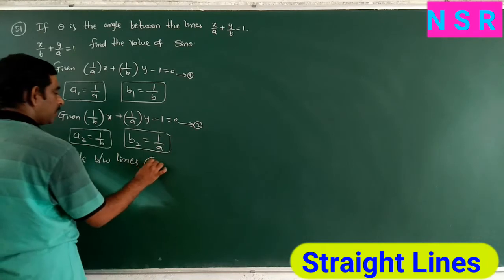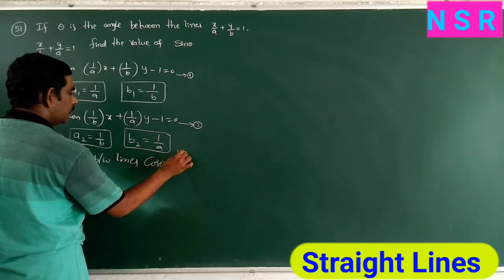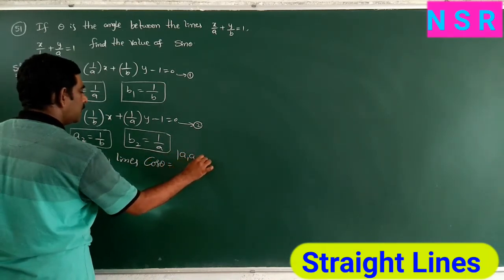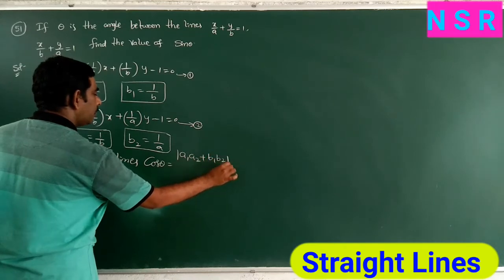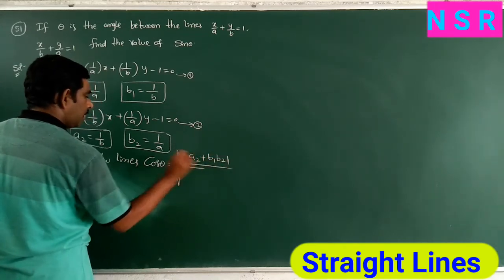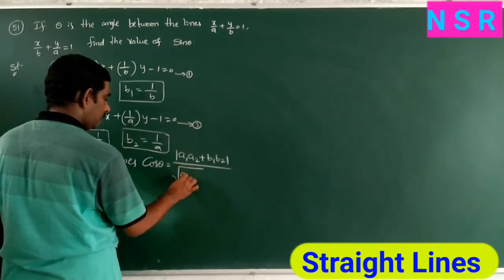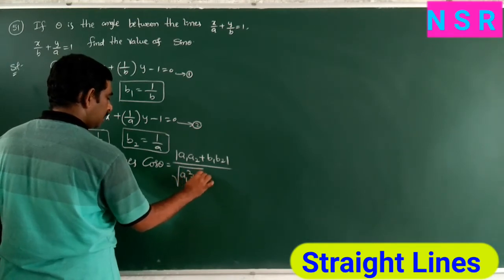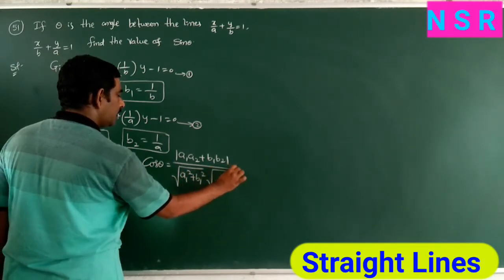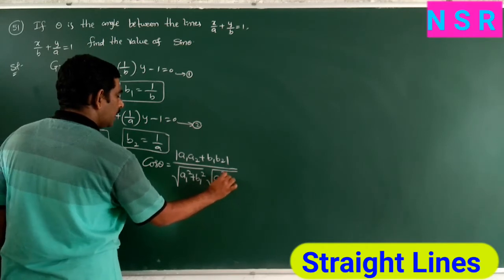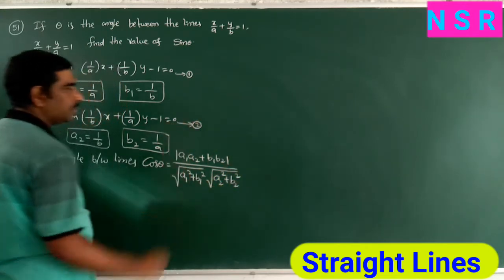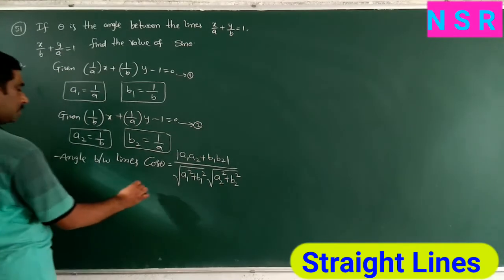We have a formula: cos theta is equal to mod of a1 a2 plus b1 b2, by square root of a1 square plus b1 square into square root of a2 square plus b2 square. Now substitute the values.